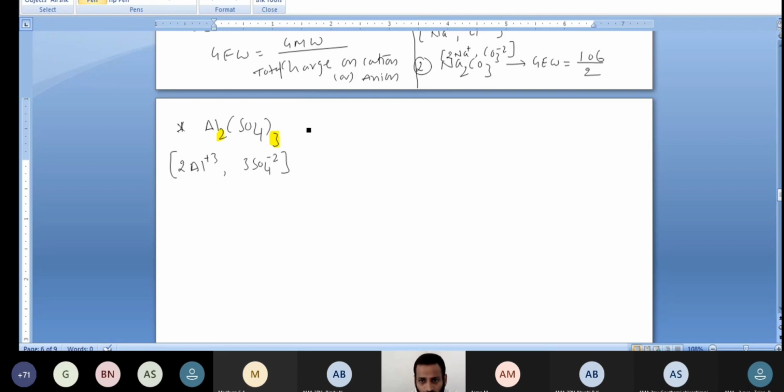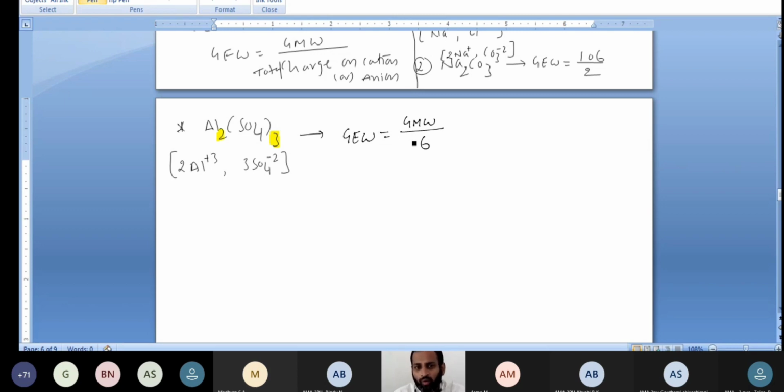So here what will be the gram equivalent weight? Gram equivalent weight means the gram molecular weight divided by the total charge. For Al2(SO4)3 you have to calculate the total gram molecular weight. Aluminum atomic weight is 27, sulfur 32 and oxygen 16. All atoms' weights you write as the gram molecular weight. And in the denominator I have to take 6.